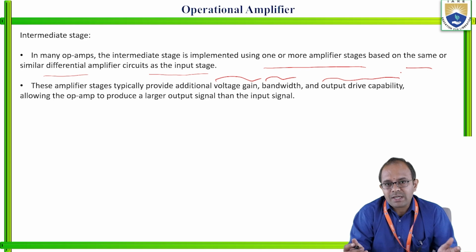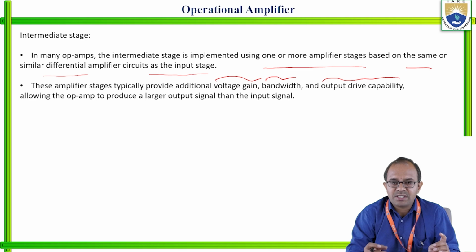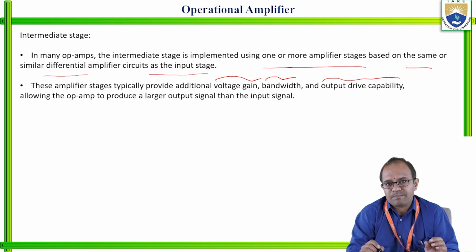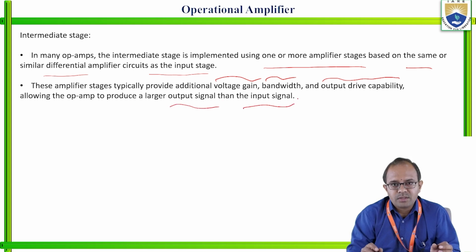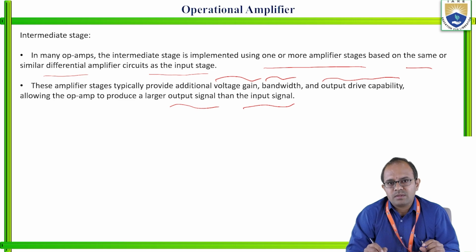Finally, whatever amplification we achieve in the intermediate stage, it is supposed to drive your load. That is, you are going to drive some external circuit connected at the output section, allowing the op amp to produce a larger output signal than the input signal. This is the primary consideration. The output we obtain should be greater than the input signal.